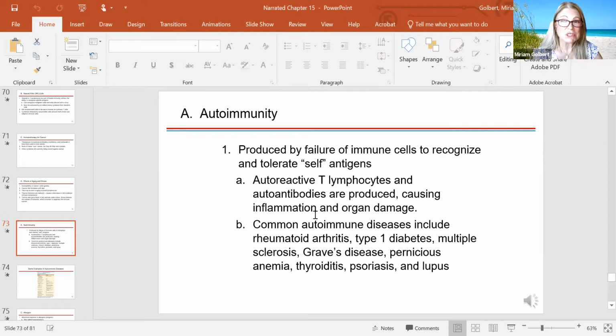And sometimes the inflammation is systemic and it attacks several organs, like in the case of lupus, attacks the kidneys, attacks the brain. So it could be complicated. In rheumatoid arthritis, it attacks the joints. So imagine having severe inflammation in every single joint in your body. And that is extremely painful.